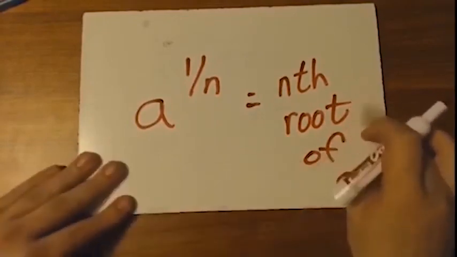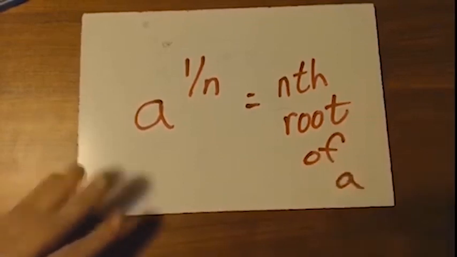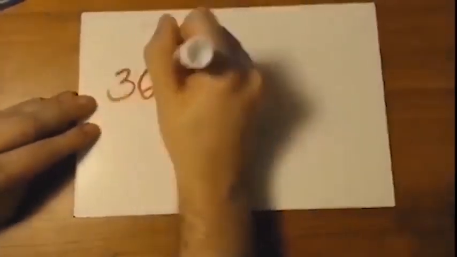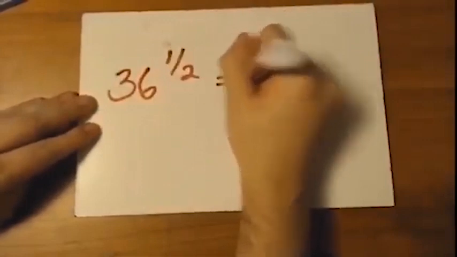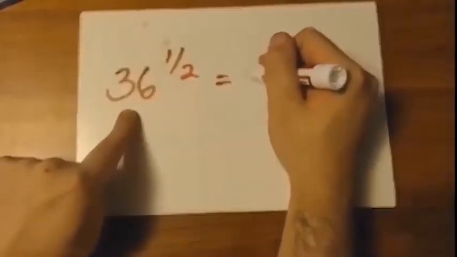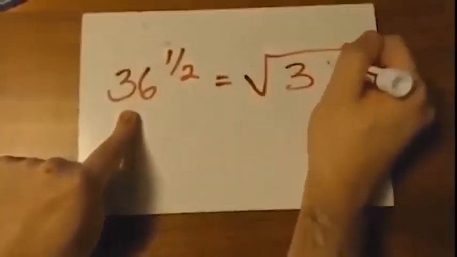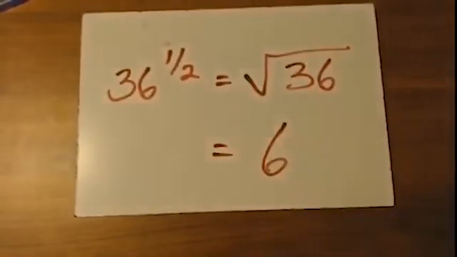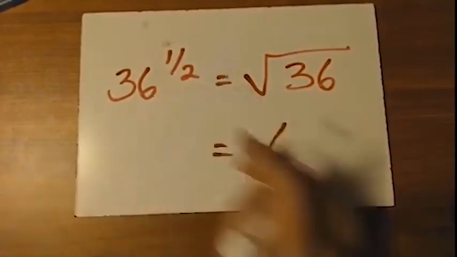What do I mean by that? Well, when we have 36 to the 1/2, this is the second root of 36, square root of 36. 36 to the 1/2 is positive 6. 1/2 power is always positive root.